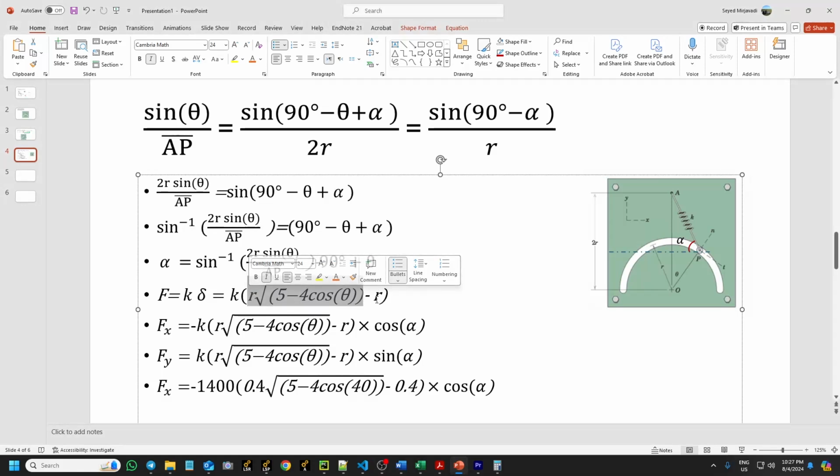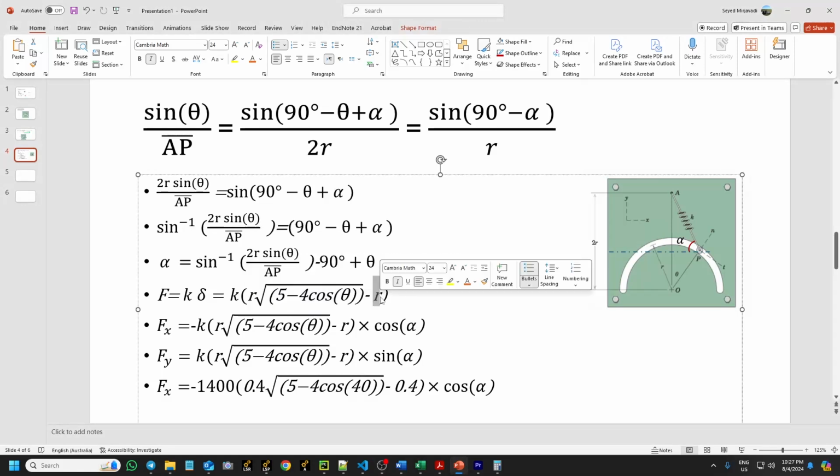My unstretched length is r. A lot of people forget this. Don't forget this. So Fx is, the x direction is in this way. The important thing is you need to know the direction of the force when you have a spring in these questions.